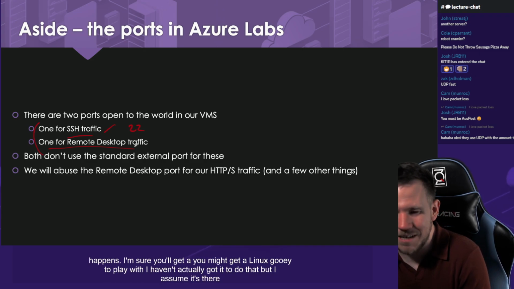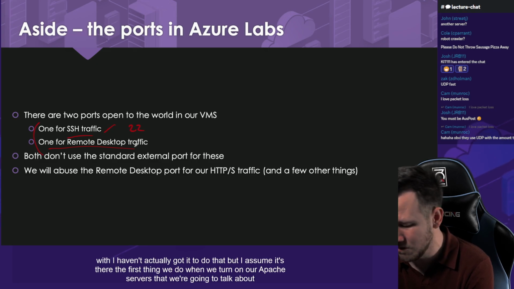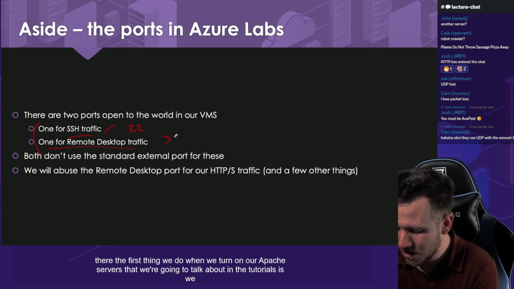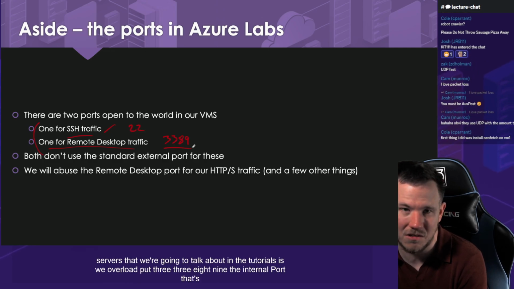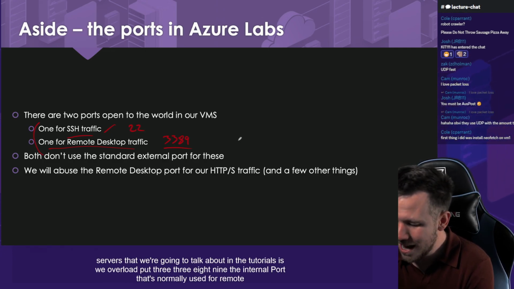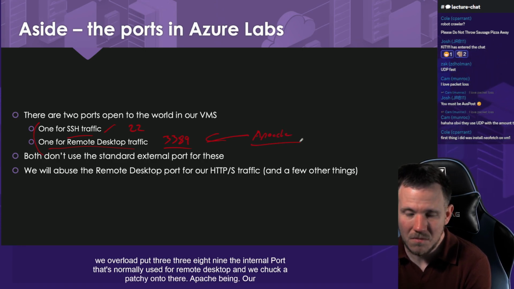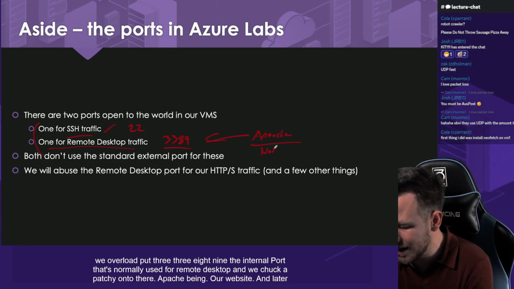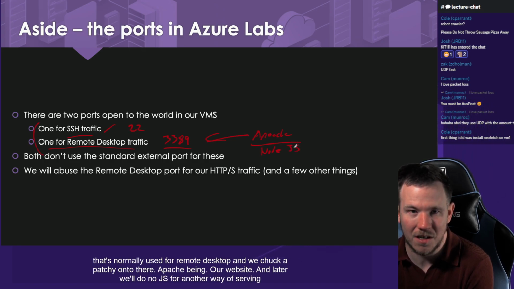The first thing we do when we turn on our Apache servers that we're going to talk about in the tutorials is we overload port 3389, the internal port that's normally used for remote desktop, and we chuck Apache onto there. Apache being our web server. And later we'll do Node.js for another way of serving web traffic.